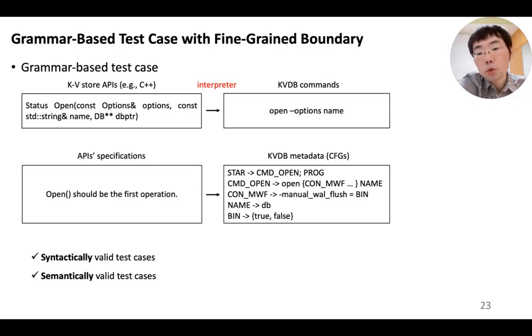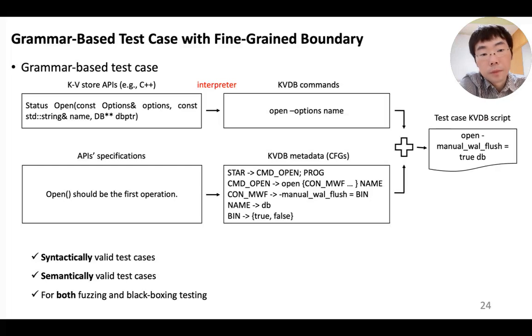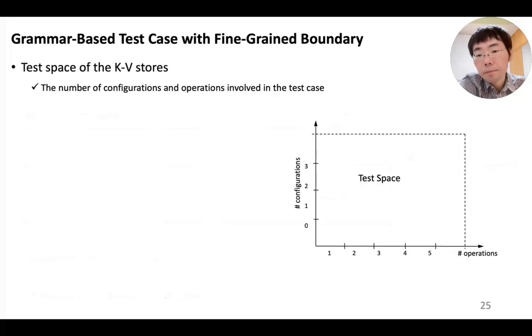Then we try to generate semantically valid test cases by translating the key-value store specification into kvdb metadata rules. So we can generate both semantically and syntactically valid test cases. These test cases fit both fuzzing and black box testing.